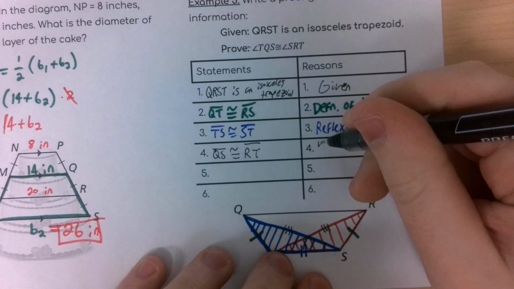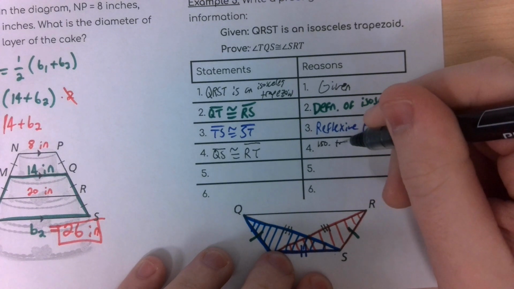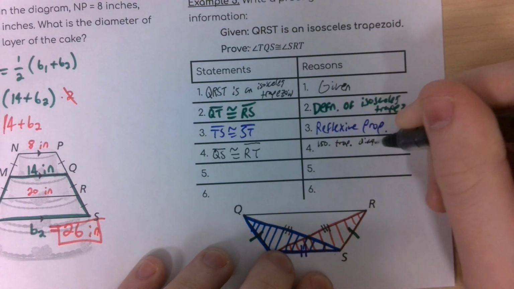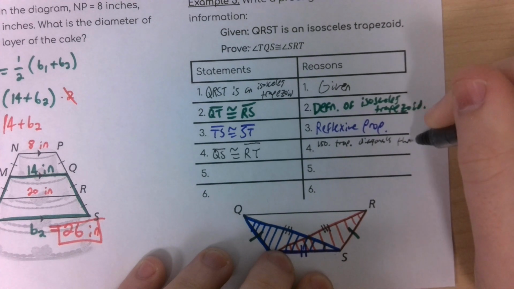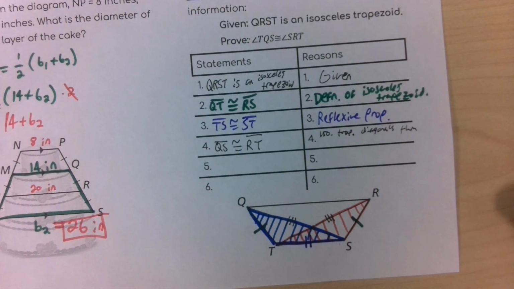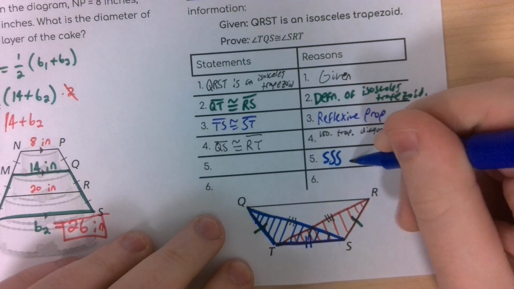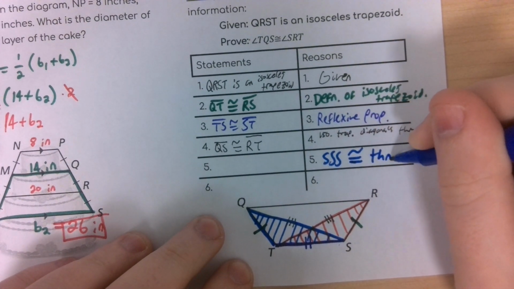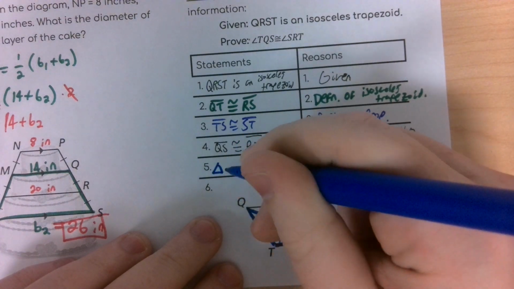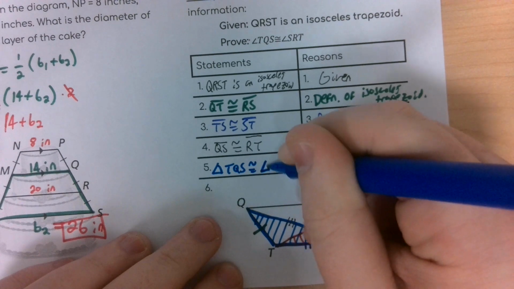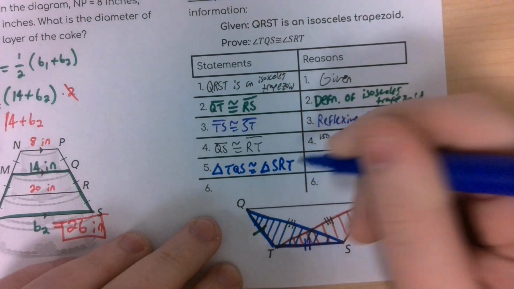So first off, this one was the isosceles trapezoid diagonals theorem. But by side, side, side, we know that triangle TQS is congruent to triangle SRT.